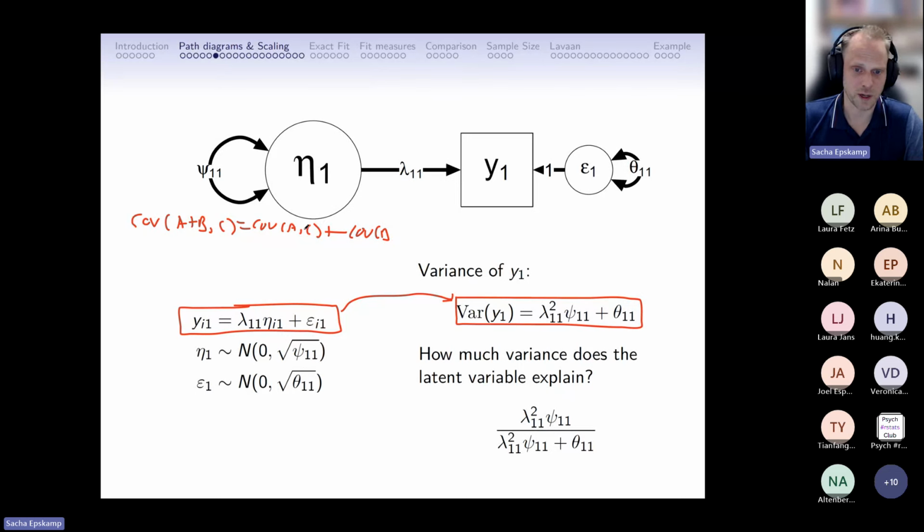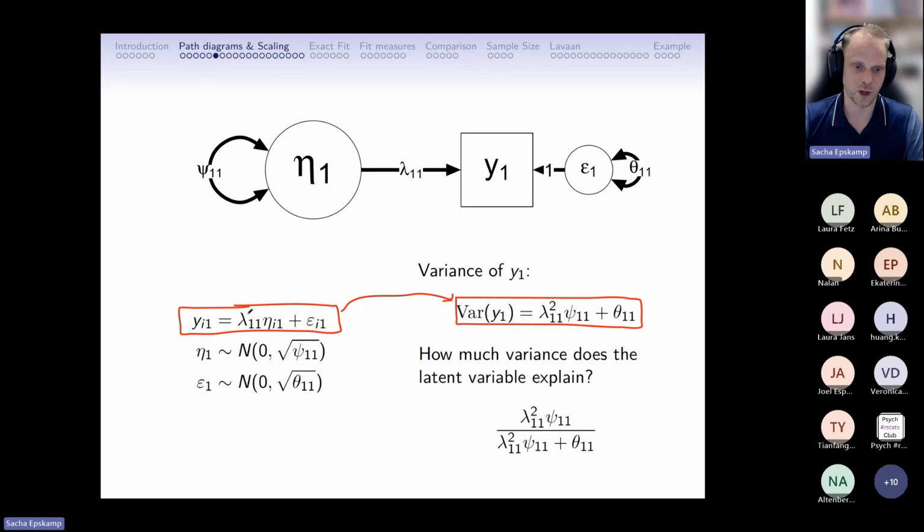I won't go into detail about it now, but the set of rules allows us to go from one expression like this here on the left and see what it implies in terms of variances. Again, I have a detailed explanation of this on YouTube, so if you're interested, you can look it up on our YouTube channel. But in this model, Y is caused by eta times lambda 1,1.